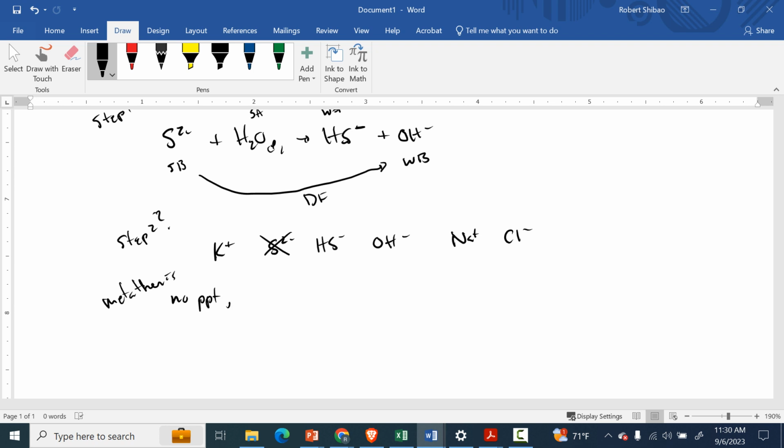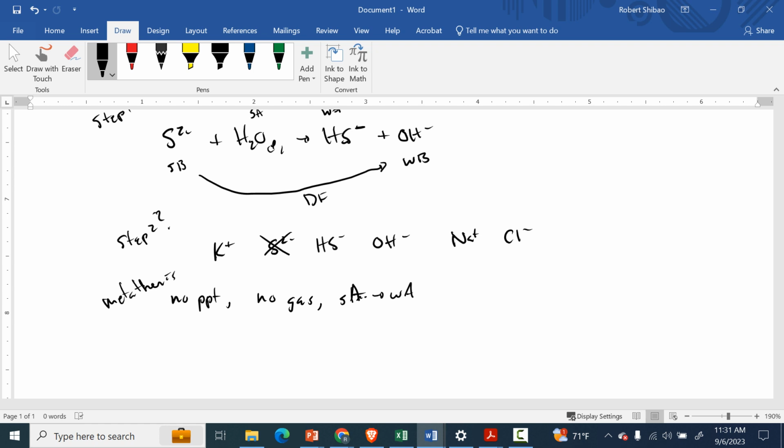Is there a gas? No gas, unless we have H2S. If we had H2S, it'd be okay, but we only have HS minus. It's not a gas. And are we going from stronger to weaker acid? Yes or no?